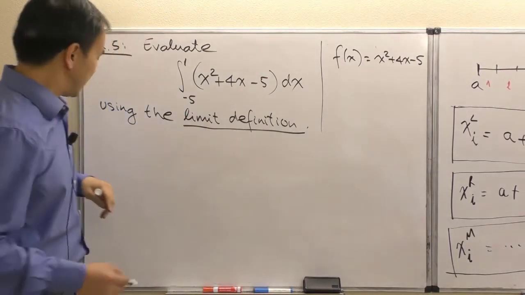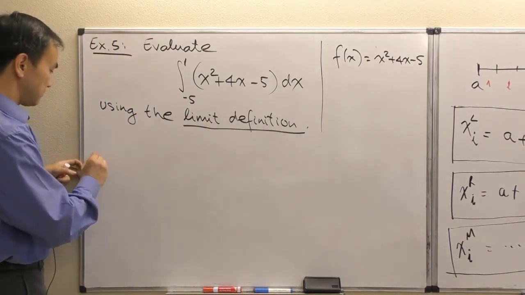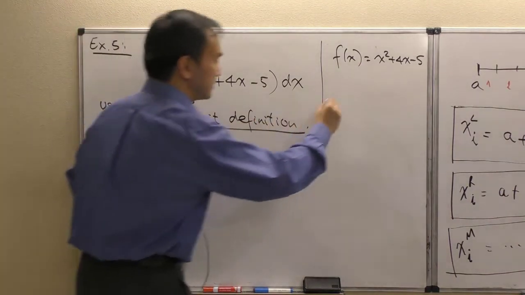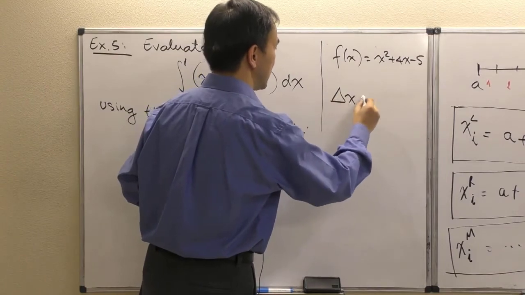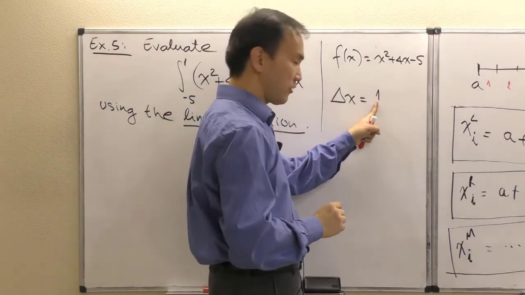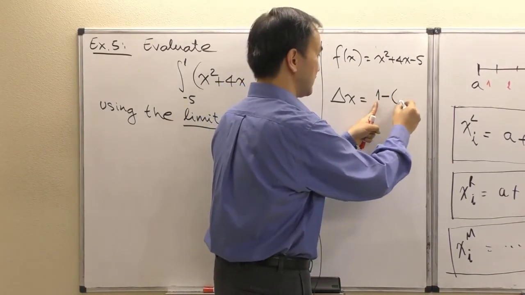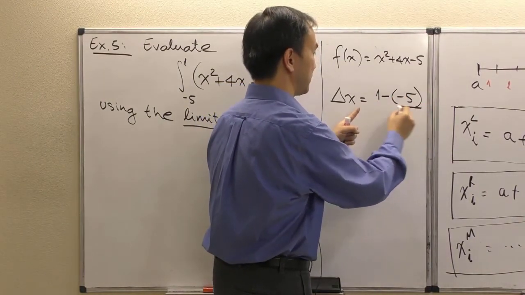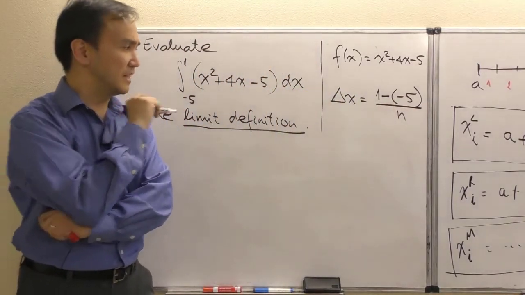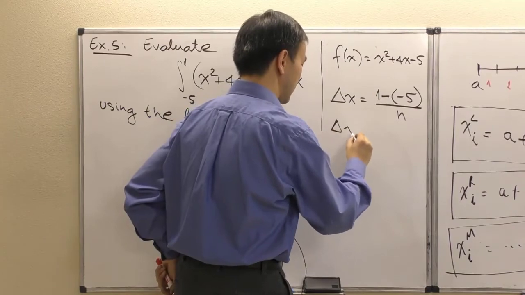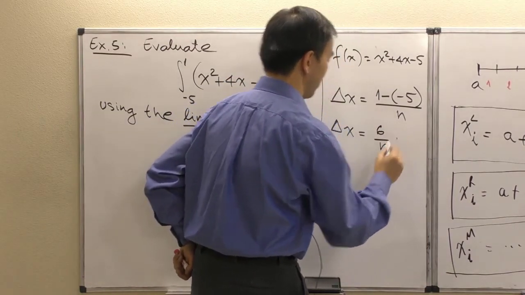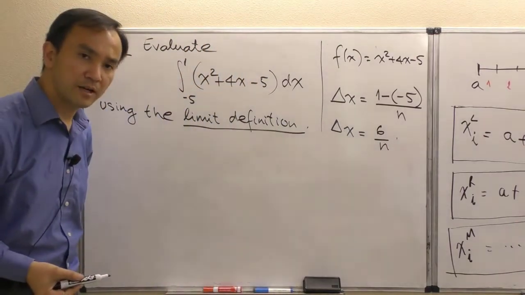So when we're setting up our Riemann sum, the delta x needs to be the ending of our overall interval, 1, minus -5, divided by generally n. So delta x is now 6 over n.